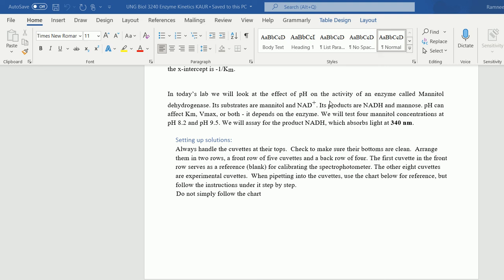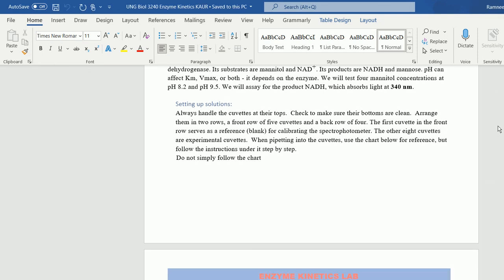You are going to study the rate of reaction by measuring the formation of the product NADH, and NADH absorbs light at 340 nanometers. So for this experiment, you are going to set the wavelength to 340 on your spectrophotometer.